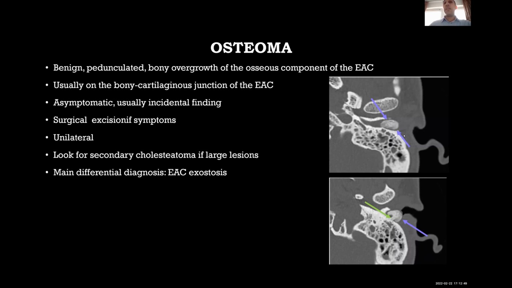It is a benign pedunculated bony outgrowth, usually at the bony cartilaginous junction of the external auditory canal. Asymptomatic and usually an incidental finding. Surgical excision if symptomatic, unilateral. And don't forget to look for secondary cholesteatoma if large lesions.